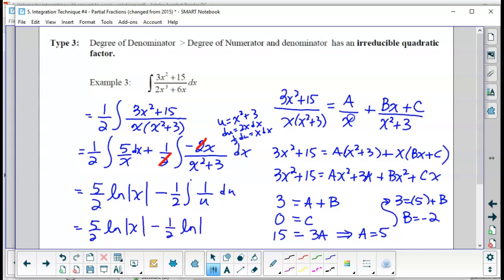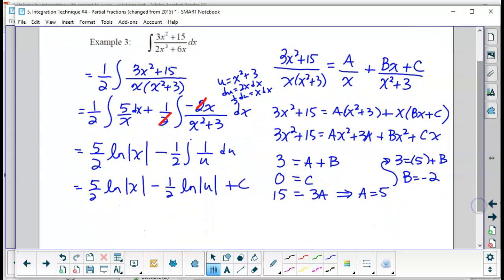That's going to be ln of u, and then we substitute back in. U, I said, was x squared plus 3. Now, if you didn't have absolute value on x squared plus 3, you'd be fine, remember, because it is going to be positive. Okay?